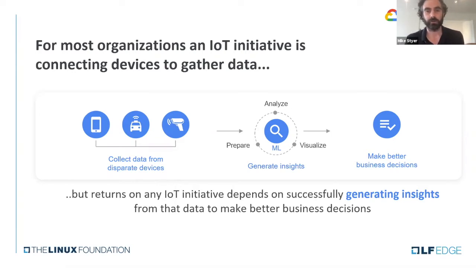And so where Google sits in this picture is connecting to the devices, the Fledge devices, and connecting to the OSIsoft PI System, and bringing to bear the power of our data platform and our data infrastructure and our machine learning tools to generate insights that drive those better business decisions.